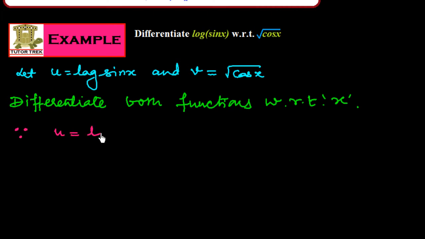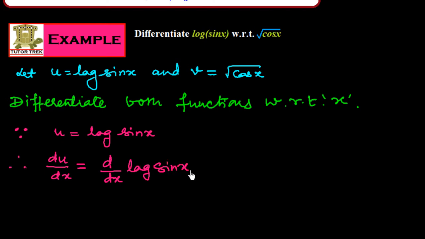Okay, so u is equal to log sin x. We are differentiating this with respect to x. So du over dx is equal to d over dx of log sin x. Look here, it is a composite function, log sin x, so we have to use the chain rule here.